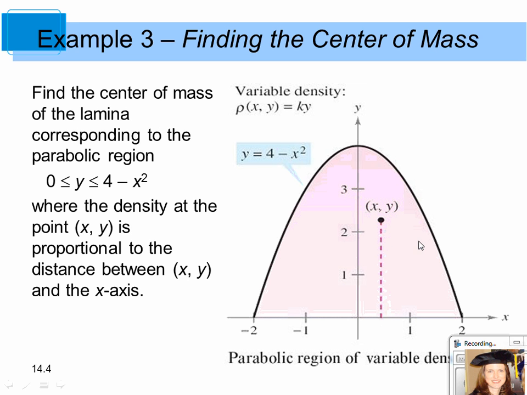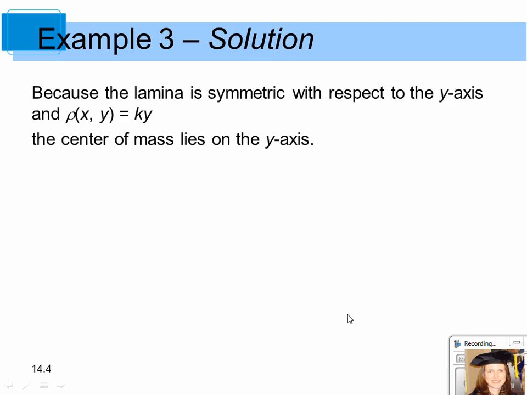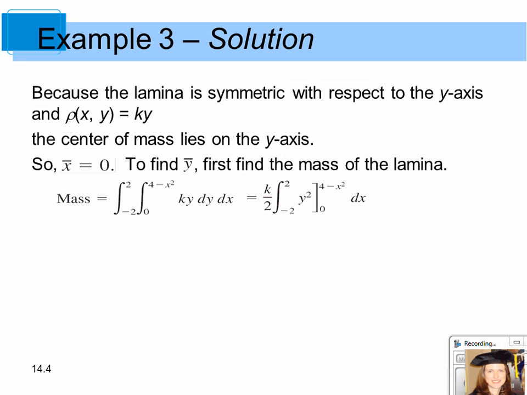And since the left half of this is the reflection of the right half, that center of mass is going to be somewhere on the y-axis. Okay, so we can say that x bar, the first coordinate of the center of mass, is 0.